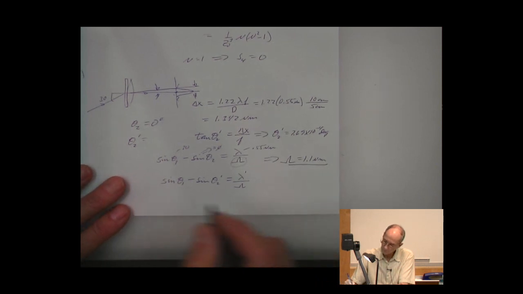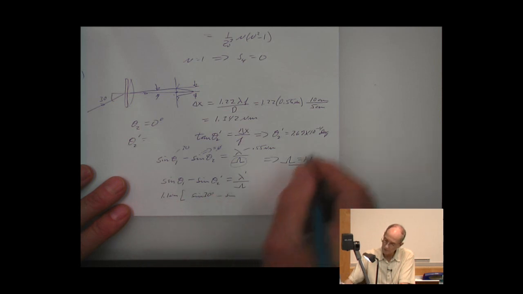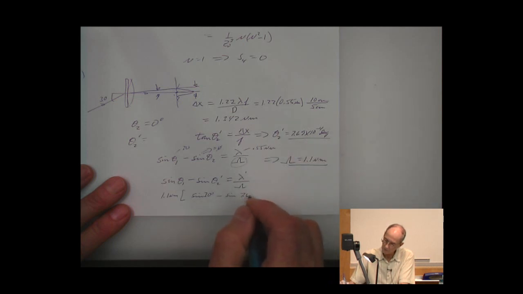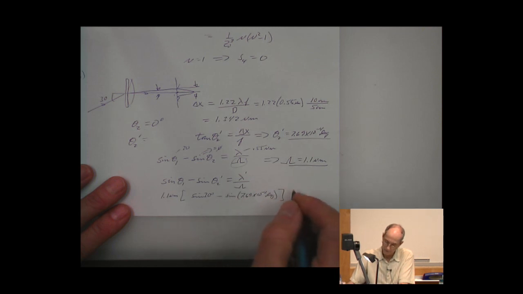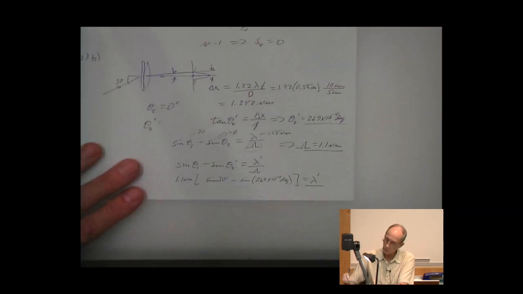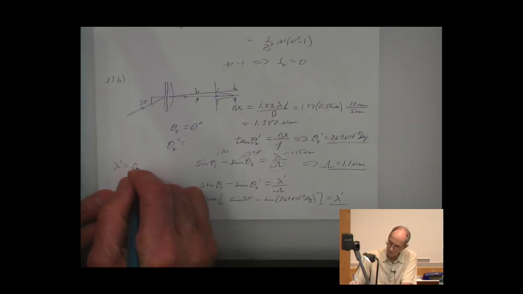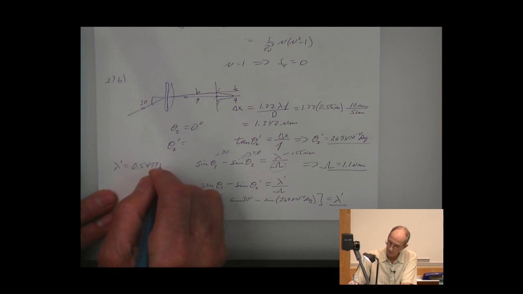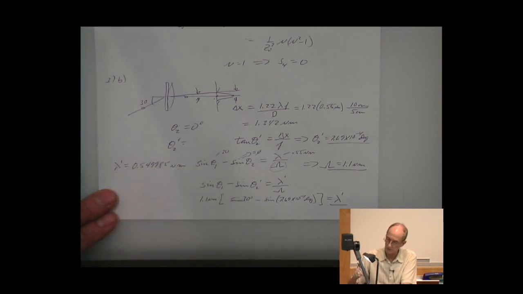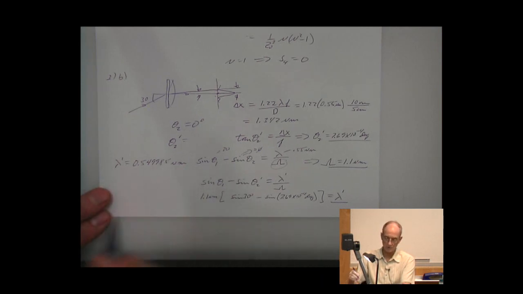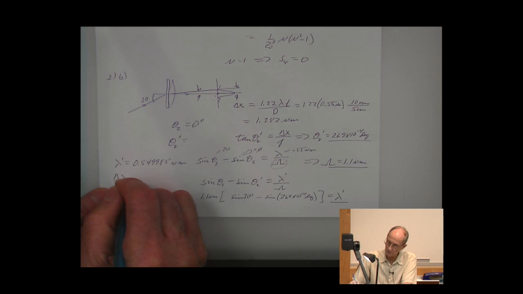So we have 1.1 micron times sine of 30 degrees minus the sine of this really small but non-zero angle, 7.69 times 10 to the minus 4 degrees, and that equals our new wavelength. Lambda prime is 0.549985 microns.